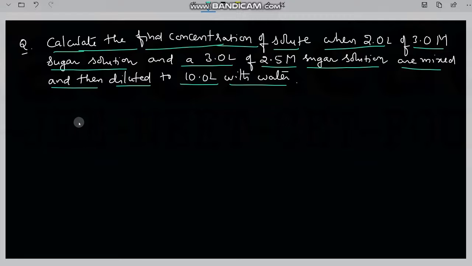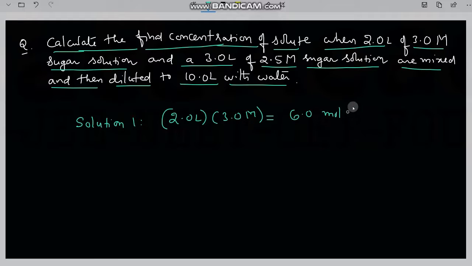For the first solution, the volume is 2.0 liters and the molarity is 3.0. 2 into 3 is 6, so 6.0 moles of sugar in the first solution.